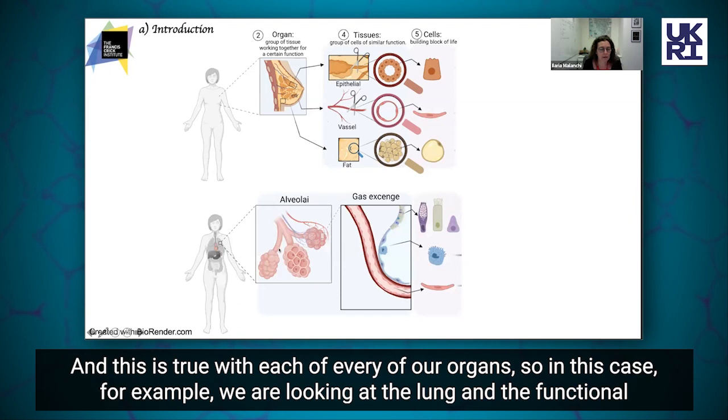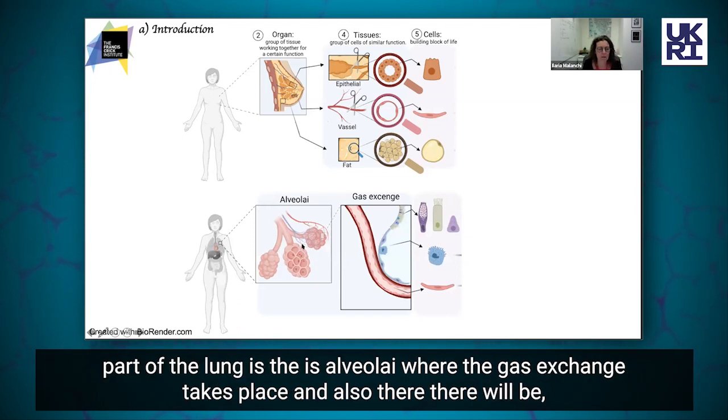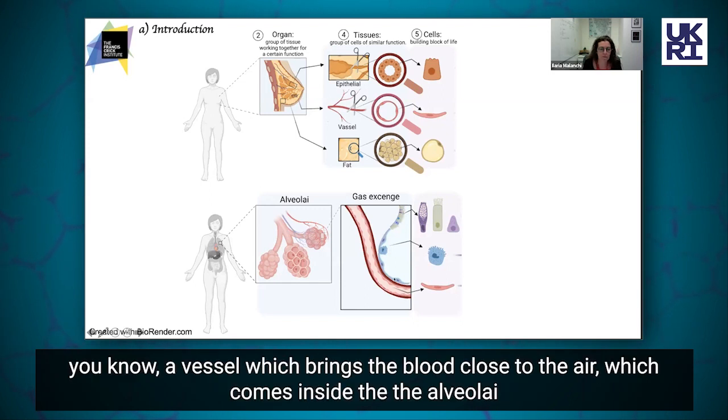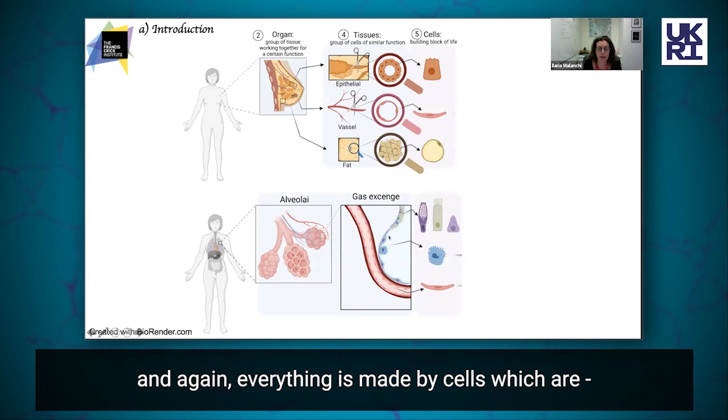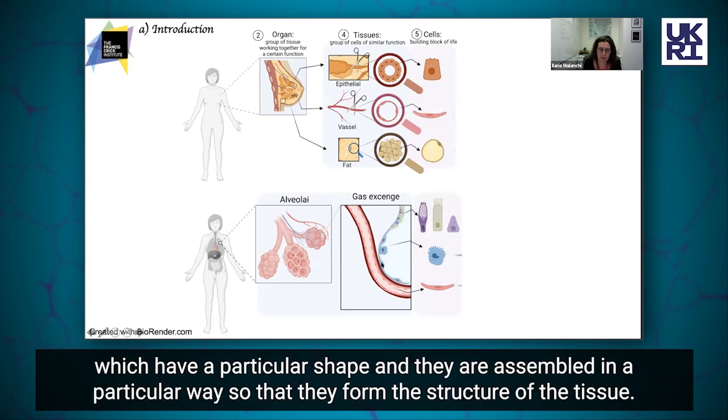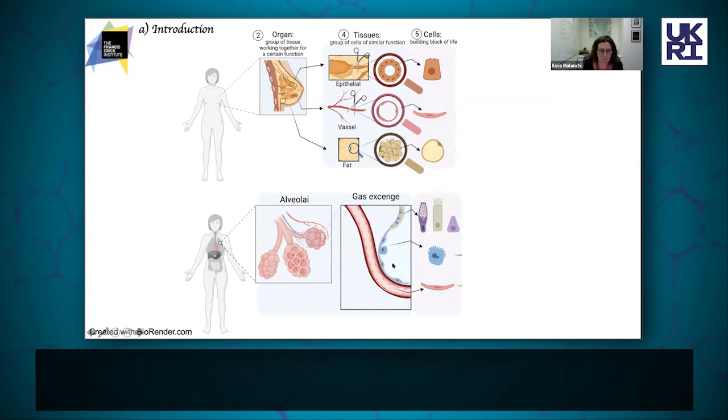In this case, for example, we are looking at lung, and the functional part of the lung is the alveoli, where the gas exchange takes place. And also there will be vessels, which bring the blood close to the air, which comes inside the alveoli. And again, everything is made by cells, which have a particular shape, and they are assembled in a particular way so that they form the structure of the tissue.